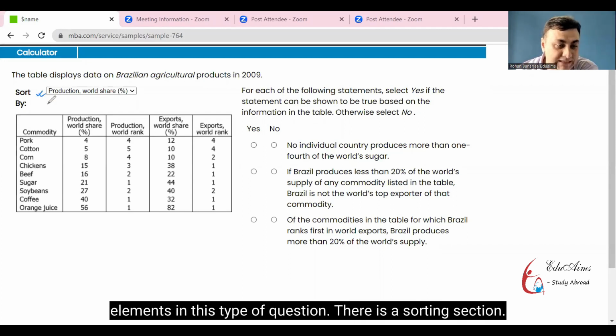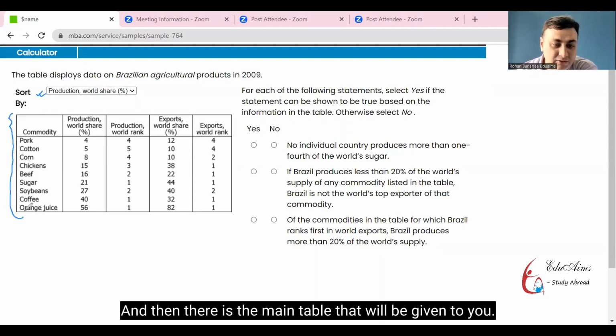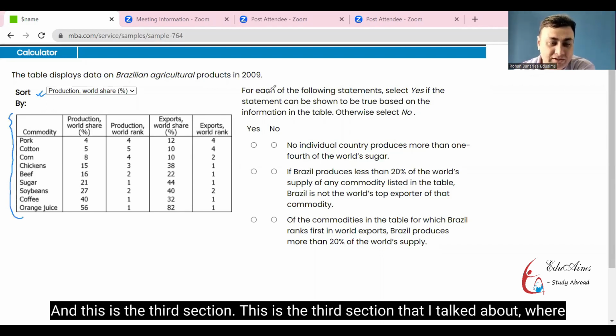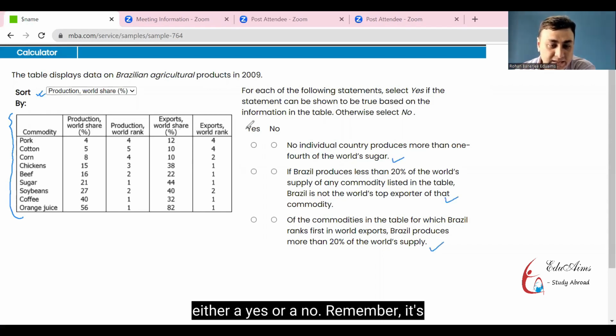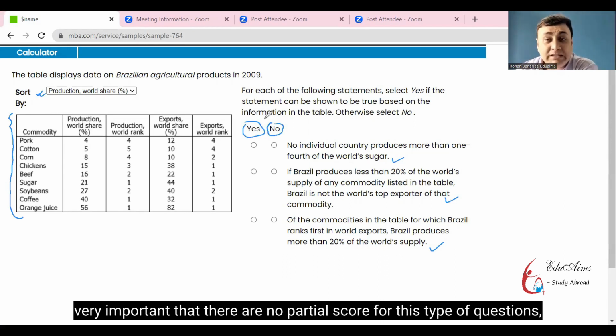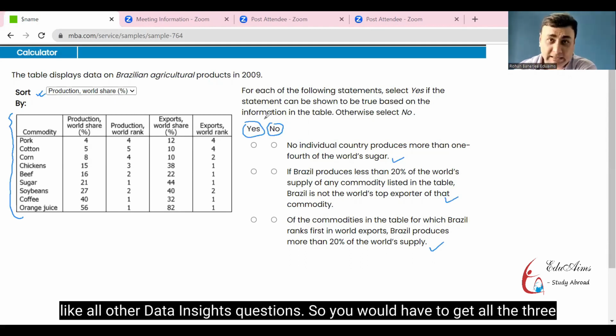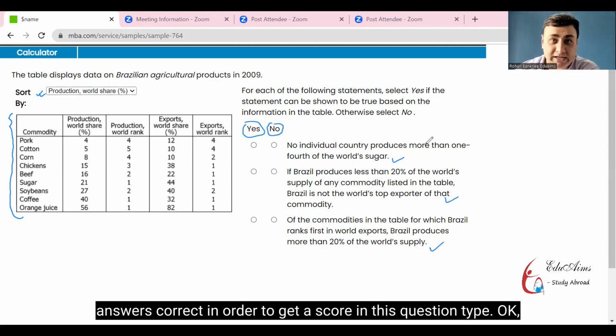There is a sorting section, then the main table that will be given to you, and this is the third section, where you will have to answer each of these 3 questions with either a yes or a no. Remember, as with all other Data Insights questions, there is no partial score, so you have to get all 3 answers correct to get a score. So let's look at the first question.